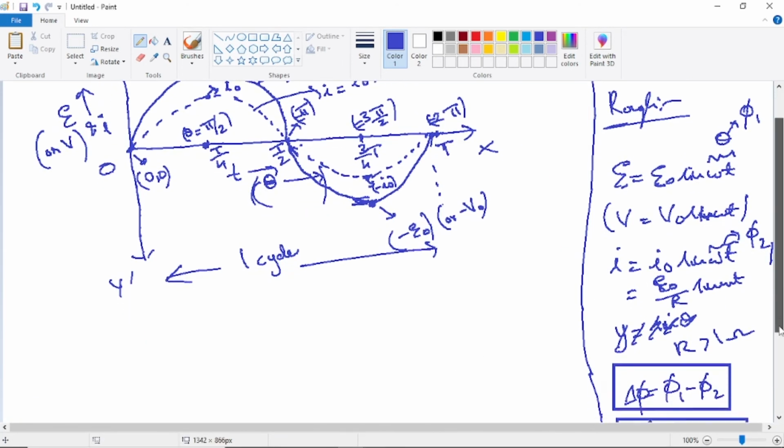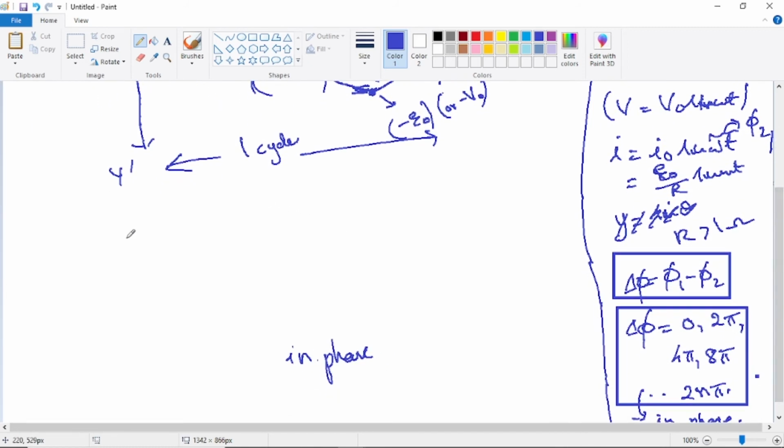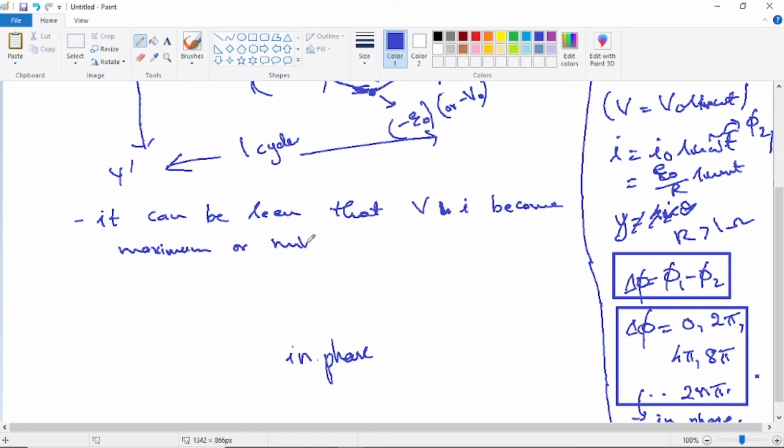So 3 dash and 4, it can be seen that V and I become maximum or minimum at the same time.